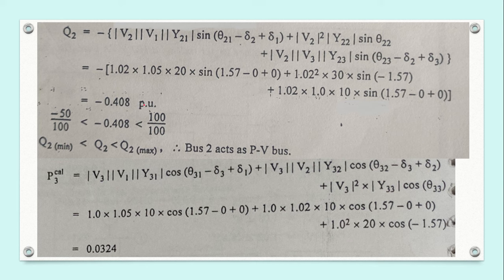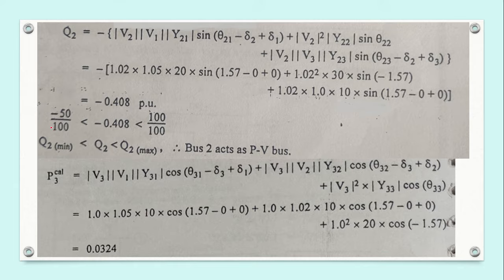And the second bus is a generator bus. So after calculating the value of reactive power, we have to check whether the reactive power is within the limits. Here our limit was minus 50 MVAR less than Q2 less than 100 MVAR. The calculated value is in per unit, so we have to convert the limits also into per unit.